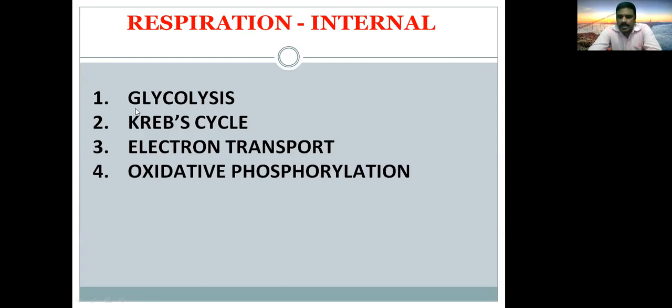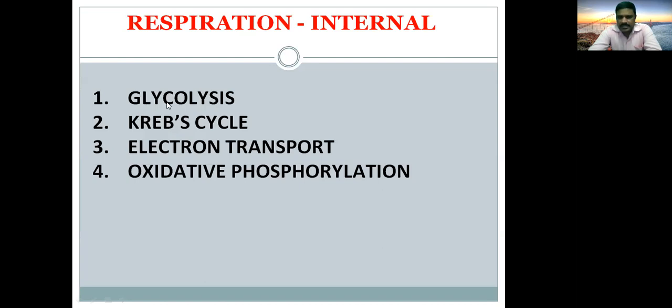Cellular respiration involves four phases in organisms which practice aerobic respiration. We will learn about the difference between aerobic respiration and anaerobic respiration a little later. First of all, let me explain these four phases.